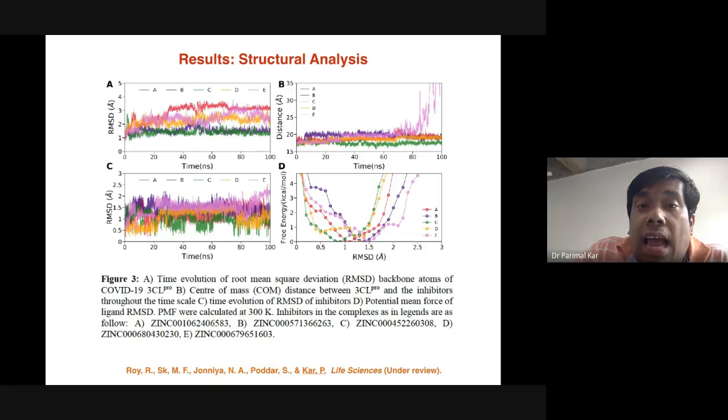Now you can see that for molecule E, the fifth molecule that corresponds to the pink line, after 80 nanoseconds the distance suddenly increases from 20 angstrom to more than 35 angstrom. So it means that in this case, the ligand is not stable.